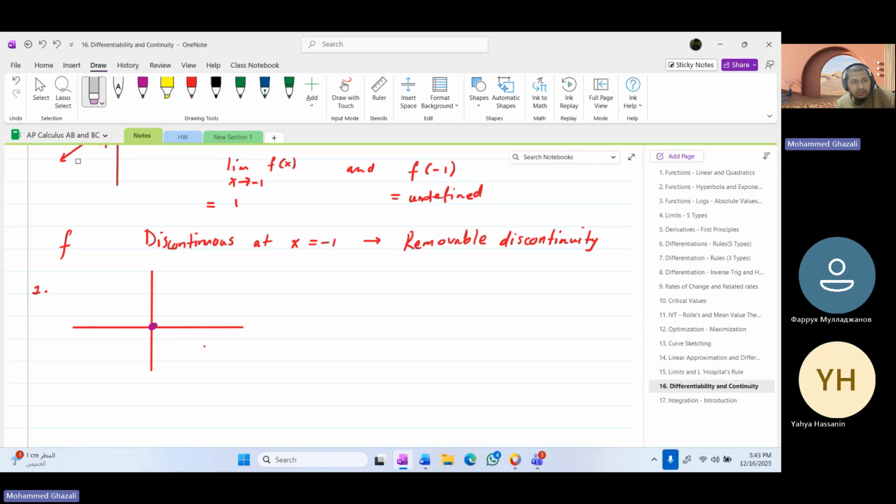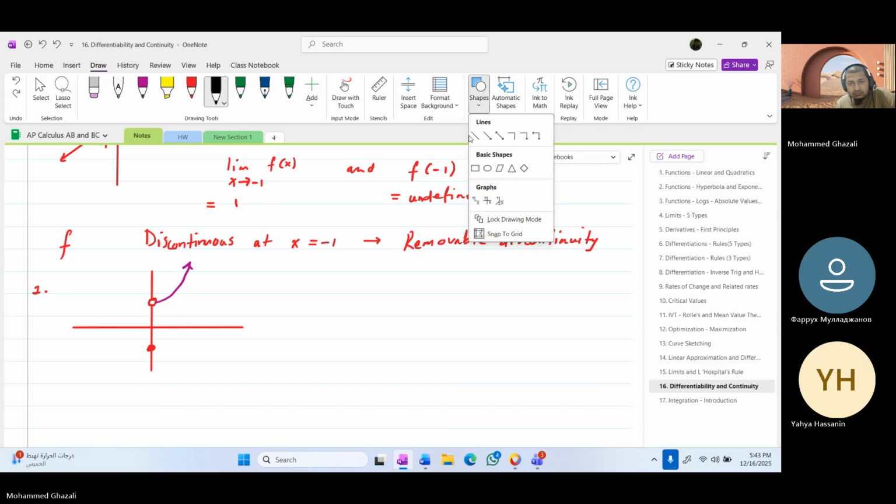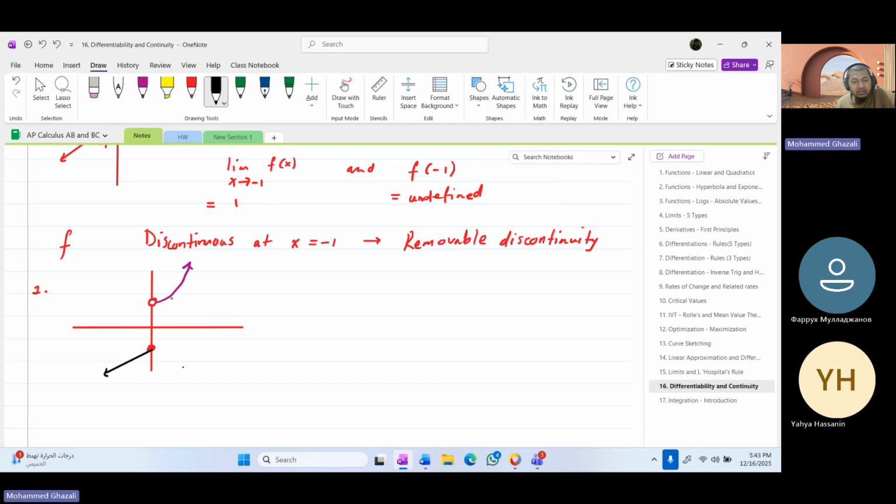You have some kind of graph, maybe a quadratic function, okay? It starts at 1 and continues upwards. And you have another function down here at -1, and it's linear, right?